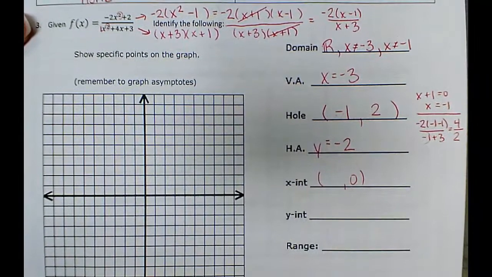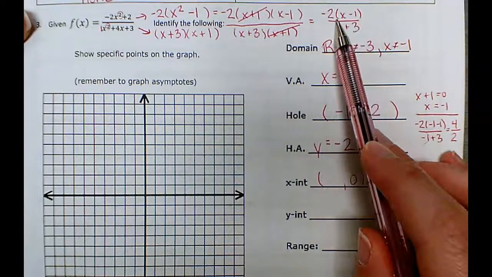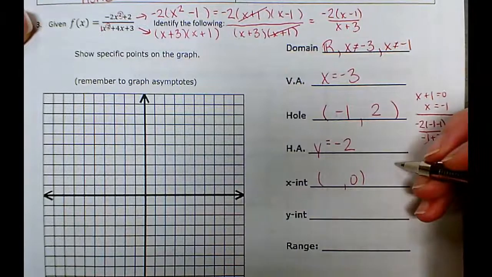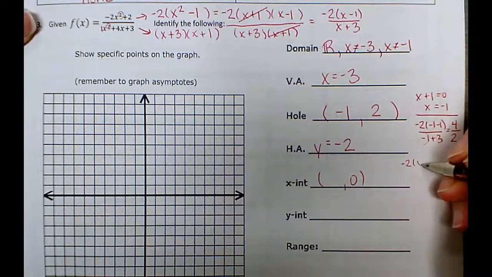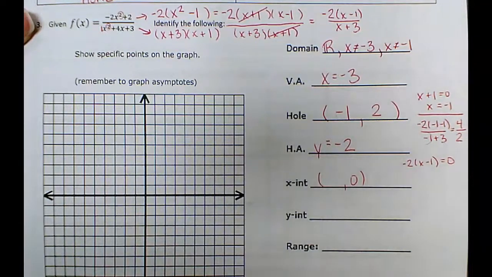You can use any of the formats for your functions. I'm just going to use this one because it seems like it's a little less complicated. So I'm going to set negative 2 times x minus 1 equal to 0. I'm going to solve.